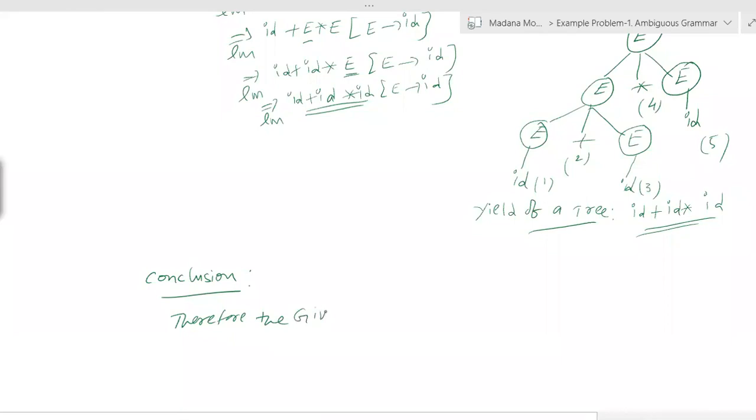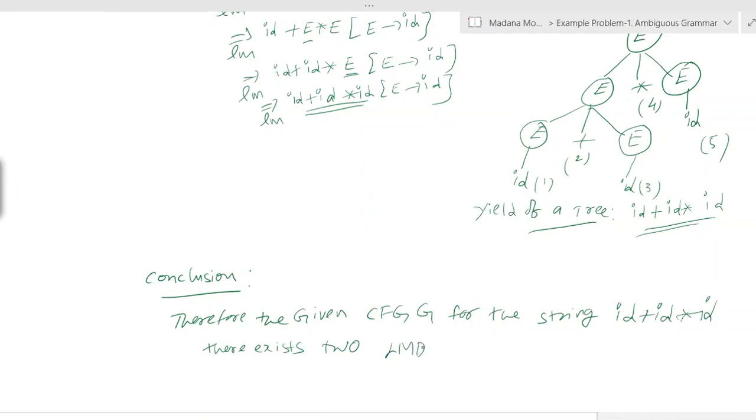the given context-free grammar G for the string ID plus ID into ID, there exist 2 leftmost derivations.